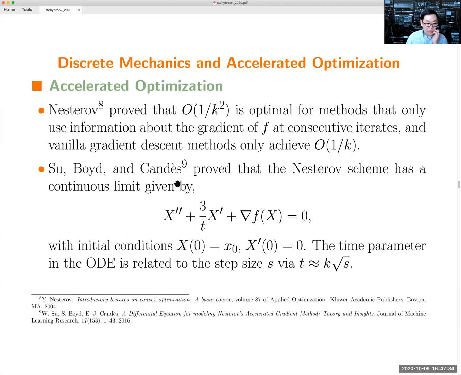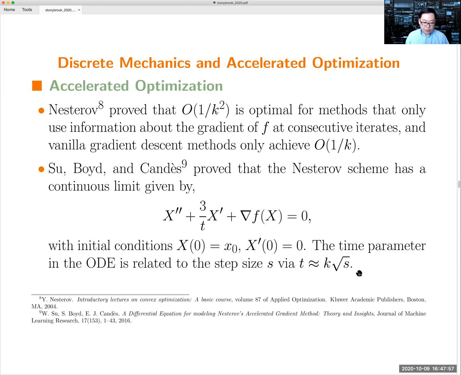So back in 2016, one of the ways people tried to do this is this paper by Su, Boyd and Candès, which shows that you can think of the Nesterov scheme as being associated with the t equals 0, or h equals 0, limit of some continuous second order differential equation.